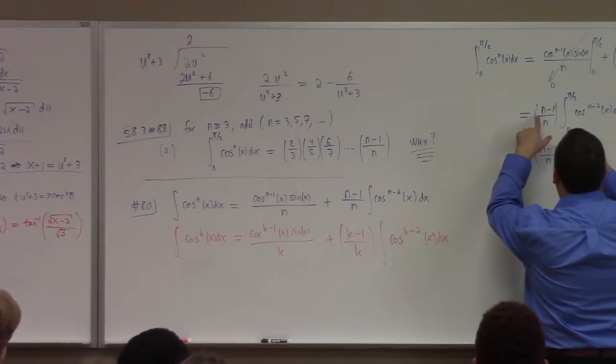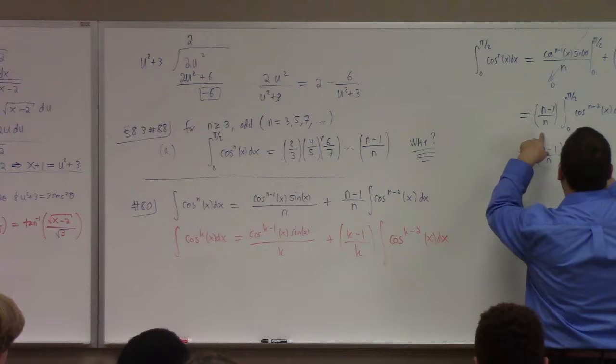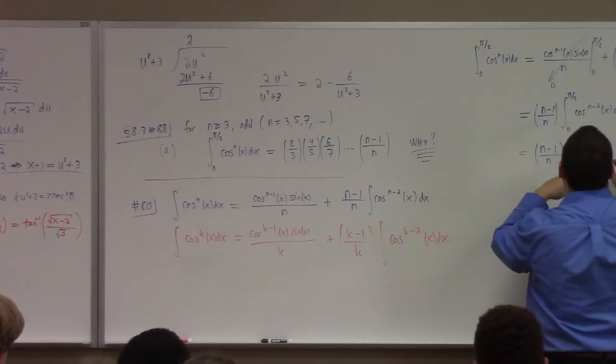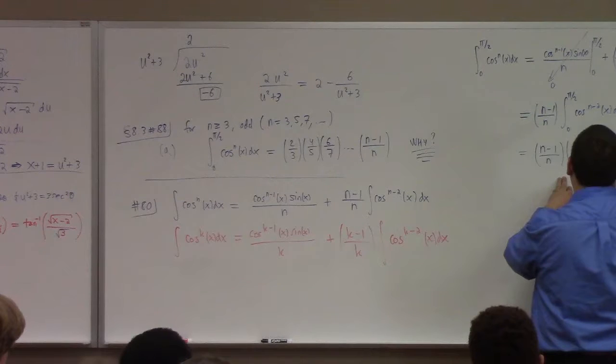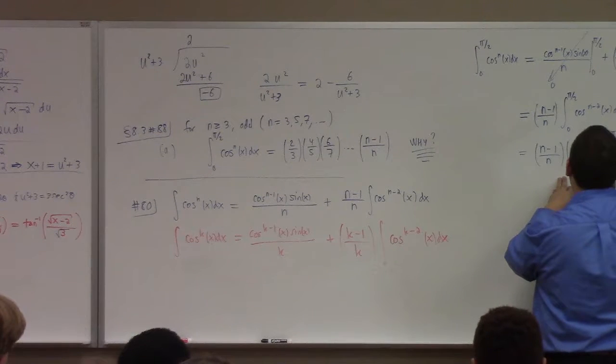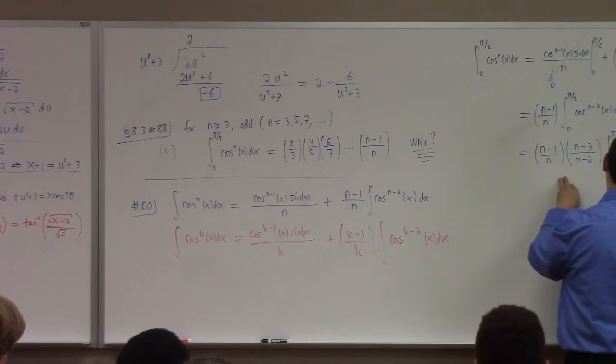We get (n-2-1), that is (n-3), over (n-2), times the integral from 0 to pi over 2 of cosine^(n-4) of x dx.